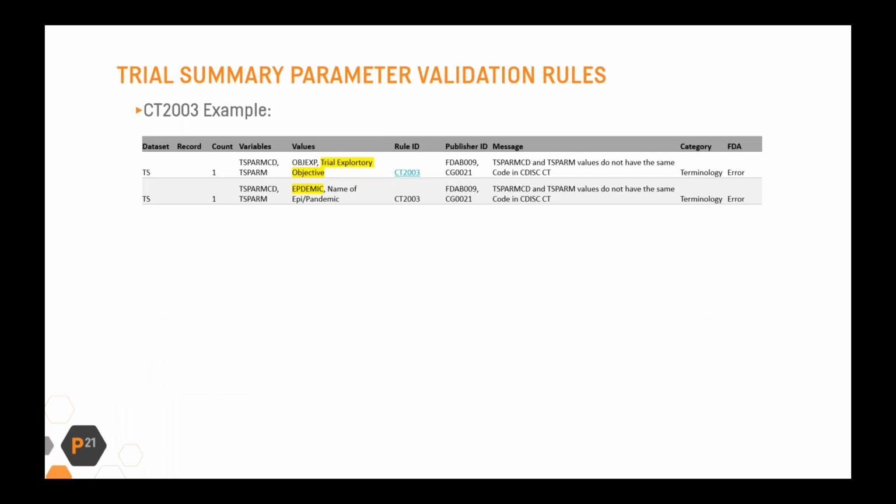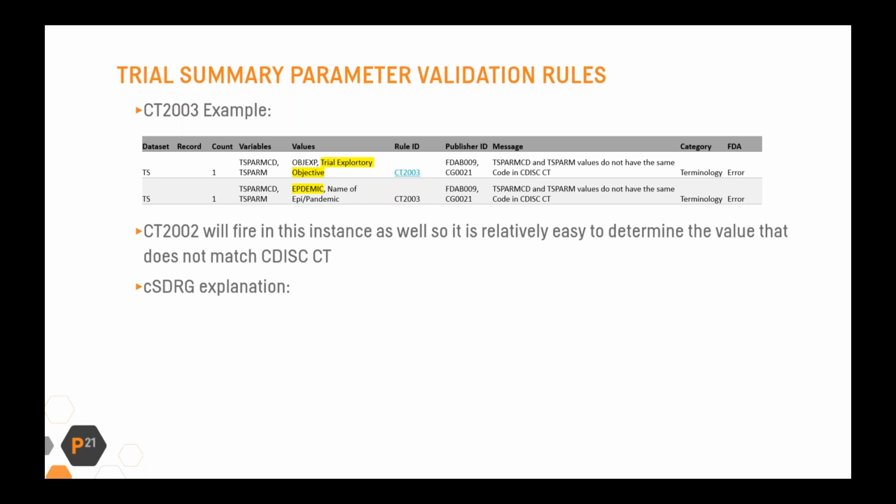So here's an example of when the rule fired for a study. I highlighted the value that doesn't match the CDISC controlled terminology. In this example, we have the exploratory objective parameter, and then we also have it firing for the name of the epidemic or pandemic parameter, TSPARM and PARMCD. Also in this instance, CT2002 will fire.